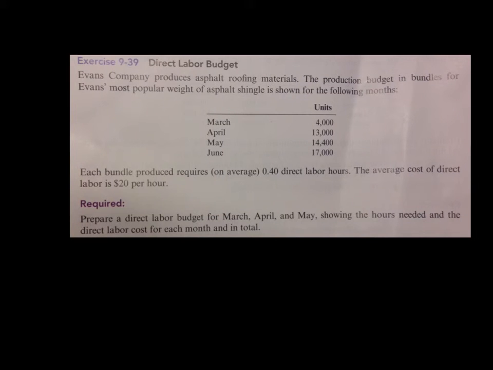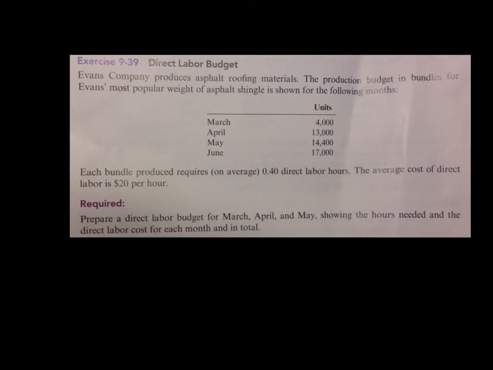The third problem that we will be completing is 9-39 on page 418, involving creating a direct labor budget. This reads: Evans Company produces asphalt roofing materials. The production budget in bundles for Evans' most popular weight of asphalt shingle is shown for the following months.